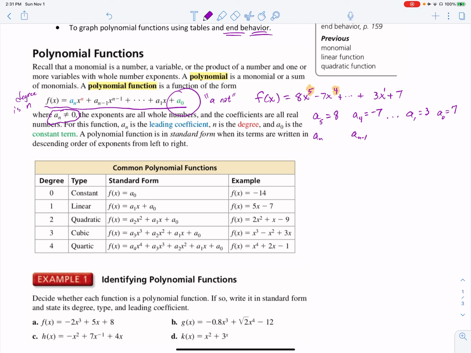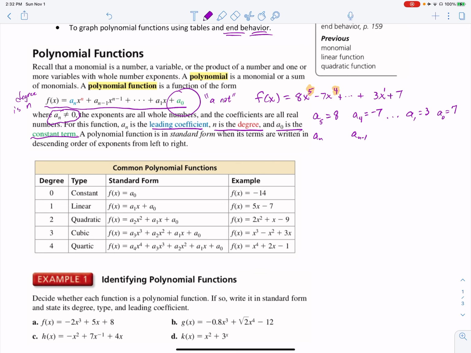In other words, if it's of degree 5, I've got to have a term with x to the 5th. And so a sub n is the leading coefficient, n is the degree, and a naught is the constant term. And the polynomial is in standard form when its terms are written in descending order of exponents from left to right.